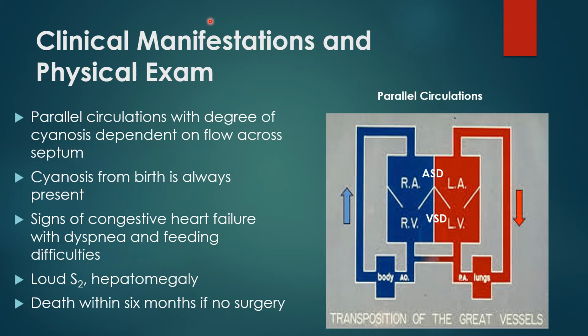So clinical manifestations involve cyanosis from birth, signs of congestive heart failure with dyspnea, feeding difficulties, but also you have parallel circulations with a degree of cyanosis depending on the blood flow across the septum. So you've got the RV going out the aorta and to the body and then straight back to the right atrium, so it's not really oxygenating anything.